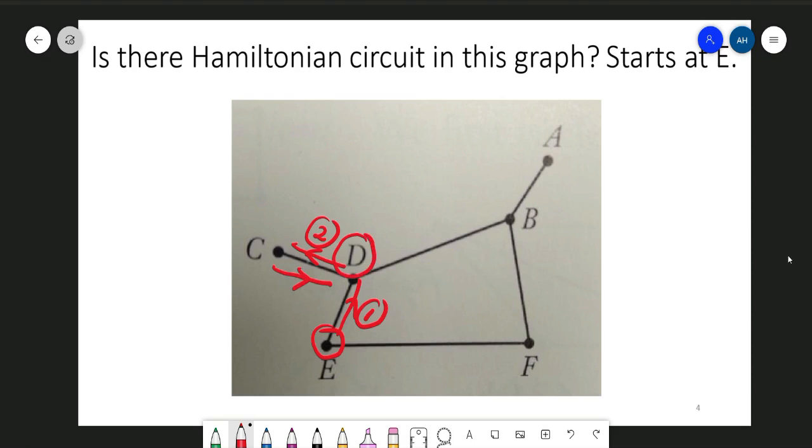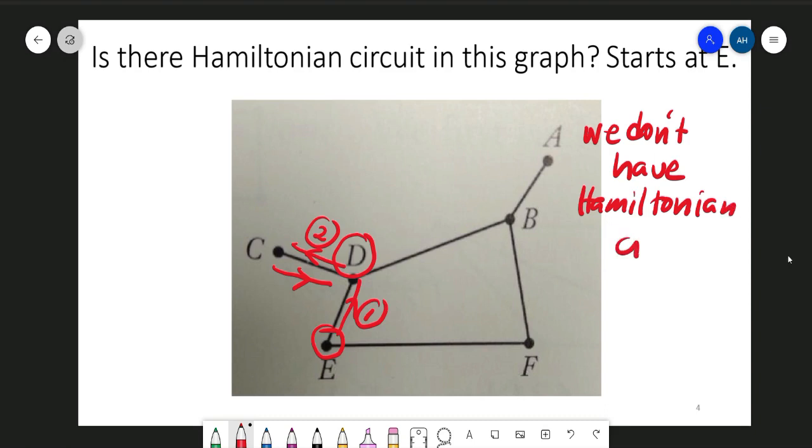It shows very clearly that in this case, we don't have a Hamiltonian circuit, because we are going to pass vertex D twice.